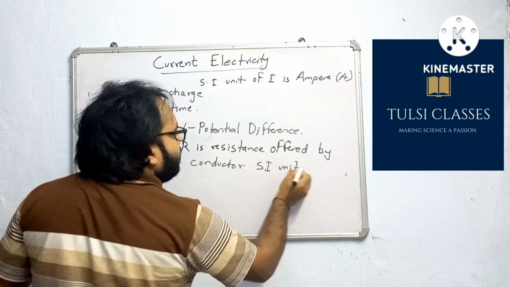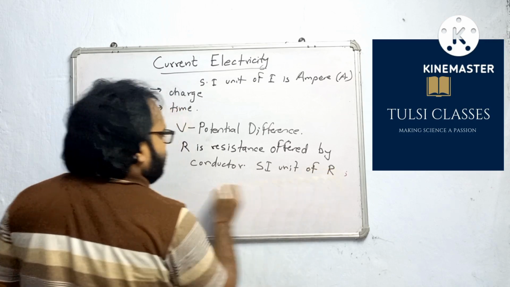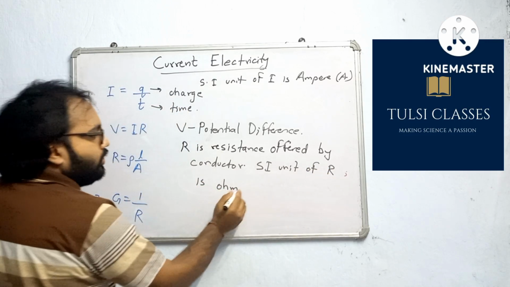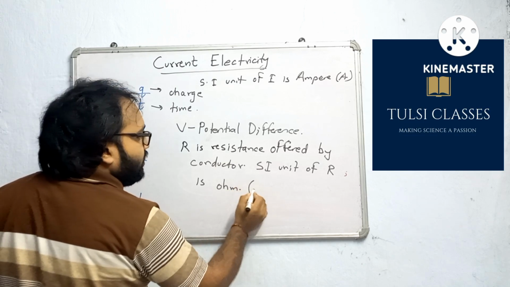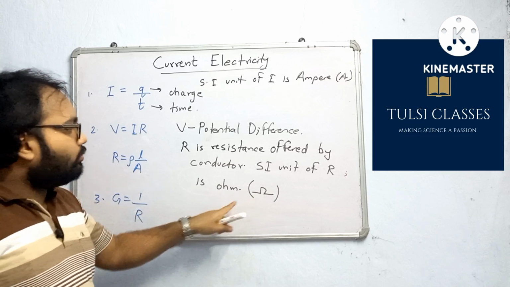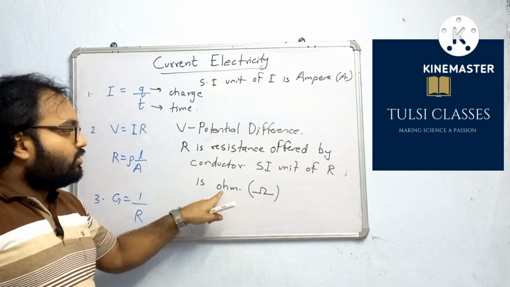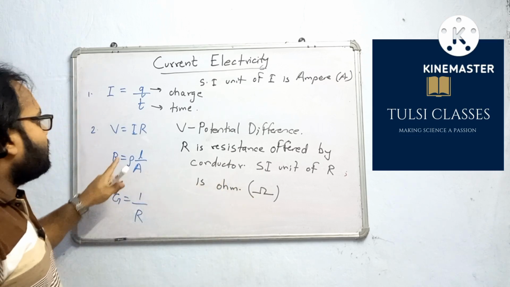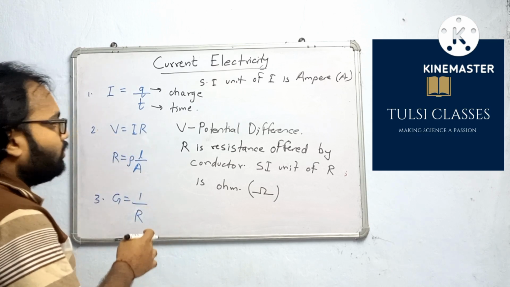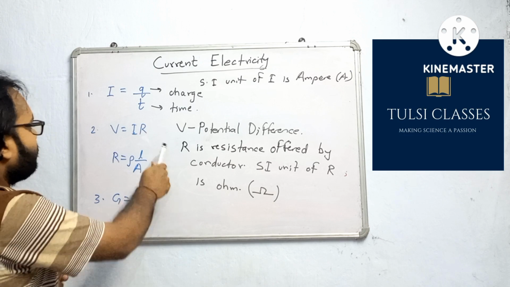SI unit of R is ohm, OHM, okay? And how it is represented? It is represented by omega. Omega, this is the symbol, Greek letter omega, and SI unit, its name is ohm. R is the resistance, I is current in ampere, V is potential difference in volt. So this is the thing about this formula number 2.